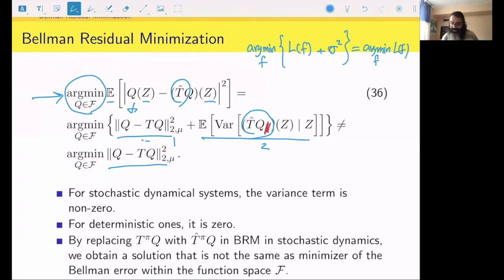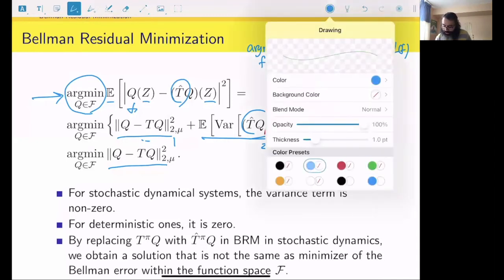Here the loss function is like the Bellman error. But the difference here is that this variance depends on Q, which means that if I search in the function space to find the minimizer of these two terms, depending on which point I'm choosing, I get different effects of variance. And that is the issue, actually.